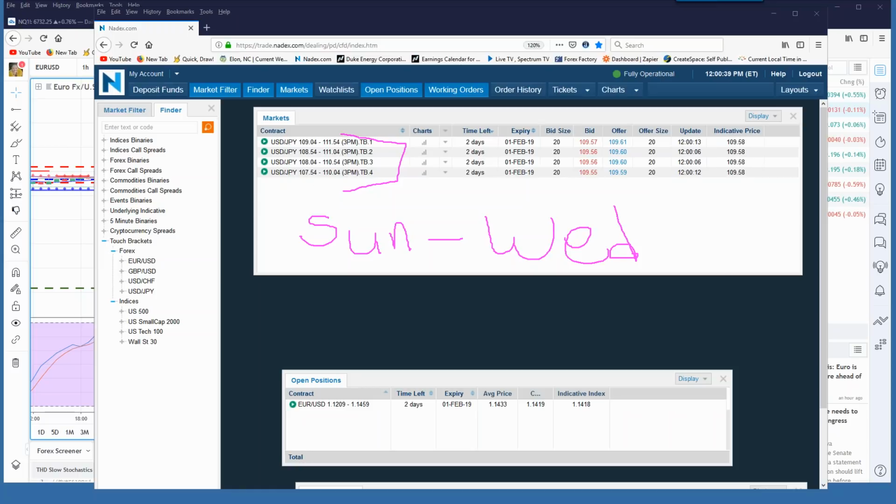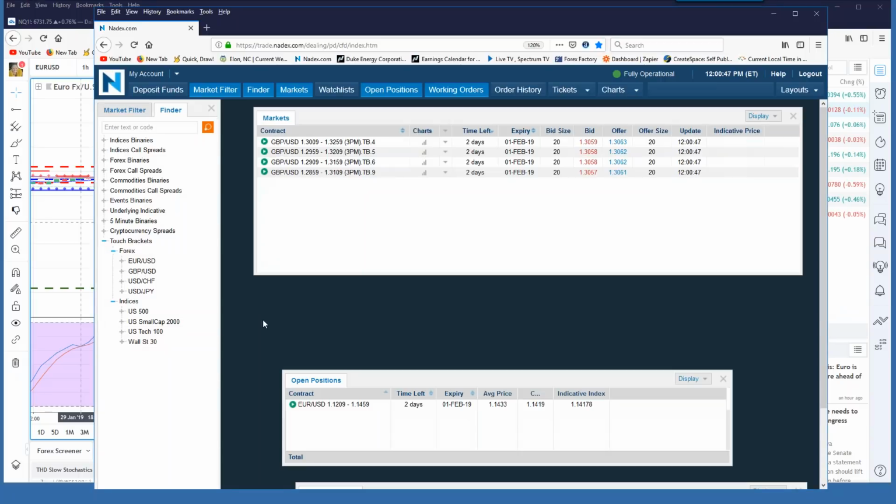Now, go over and look at the British pound dollar. Do you see how this is at touch bracket 9? So it went through 3 touch brackets, and now you have 4, 5, 6, and 9.